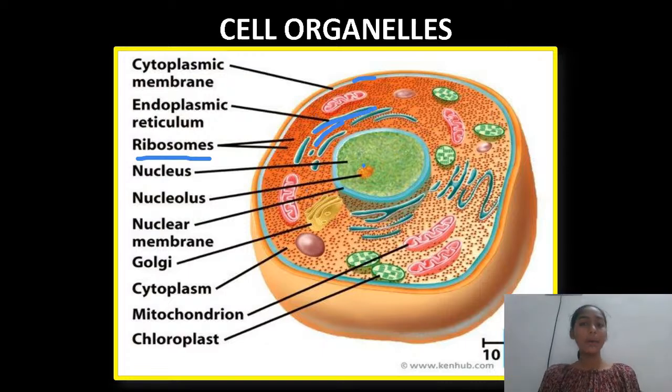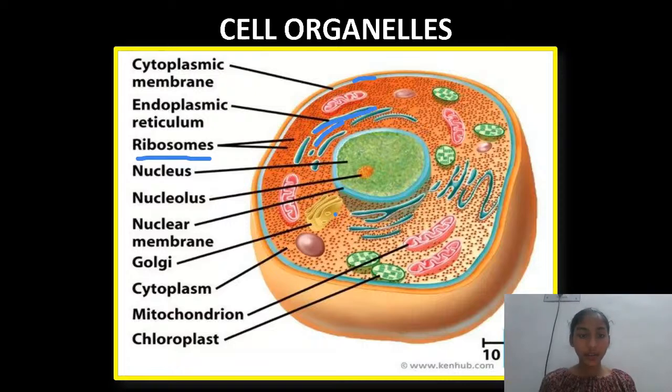Nucleus, we all know what a nucleus is, right? This whole circle present in the middle of the cell is called the nucleus. Nucleolus is another circle present in the nucleus. Nuclear membrane is the bounding membrane of the nucleus.